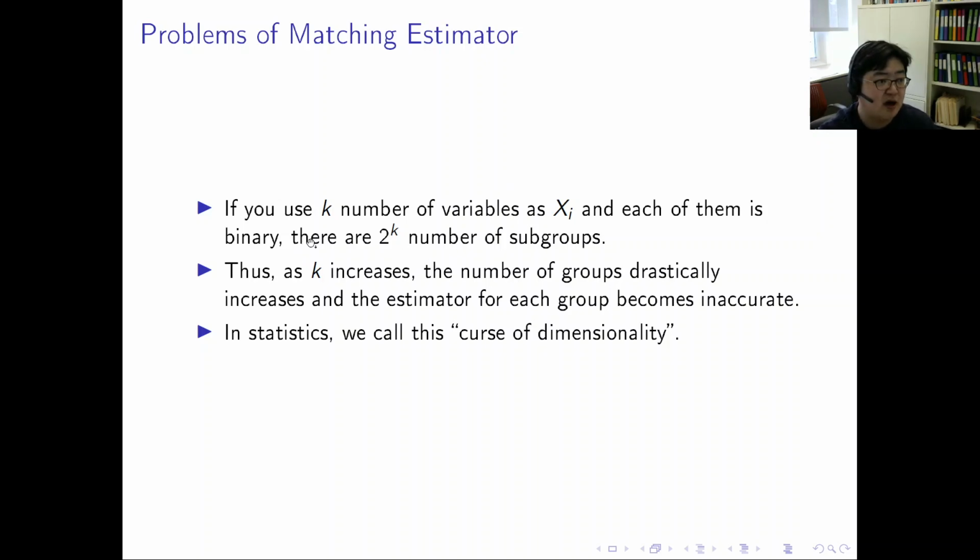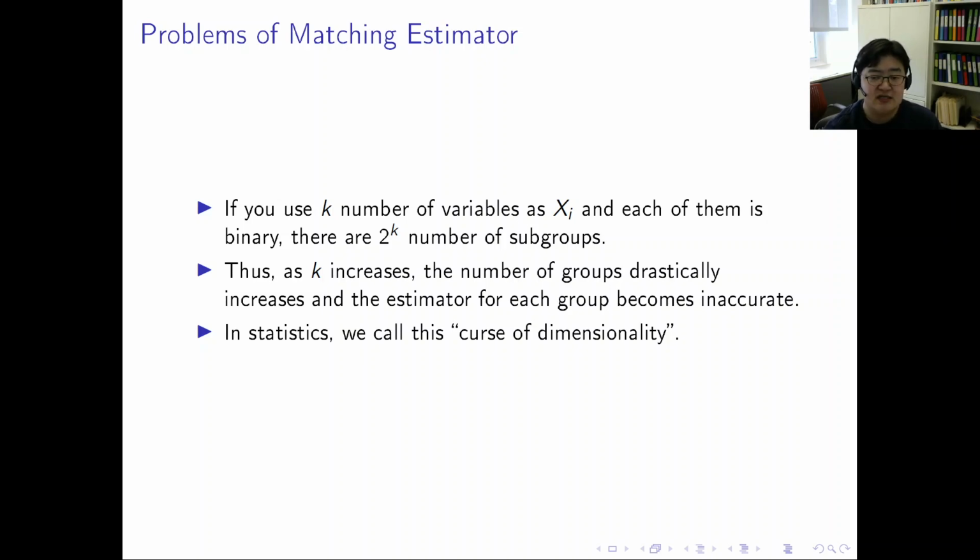So that will cause a problem. If k equals 10, then 2 to the 10 is more than 1,000. So you have to divide the data into 1,000 subgroups, and you have to calculate the averages for each of the groups.